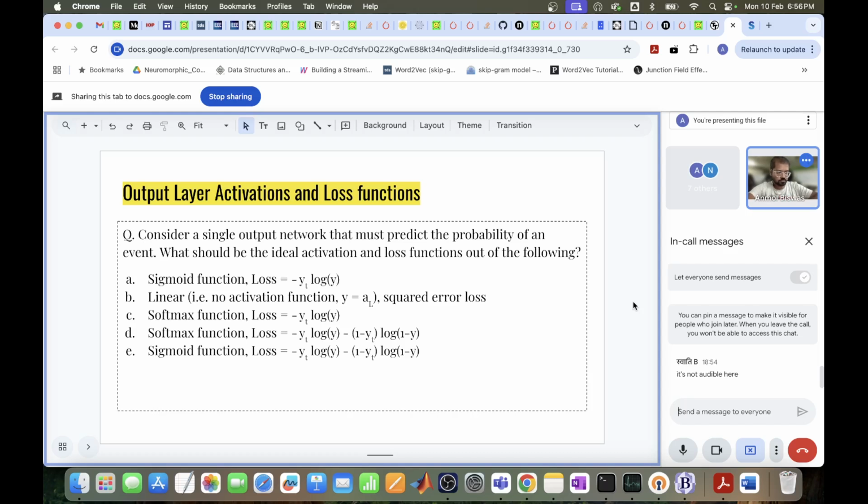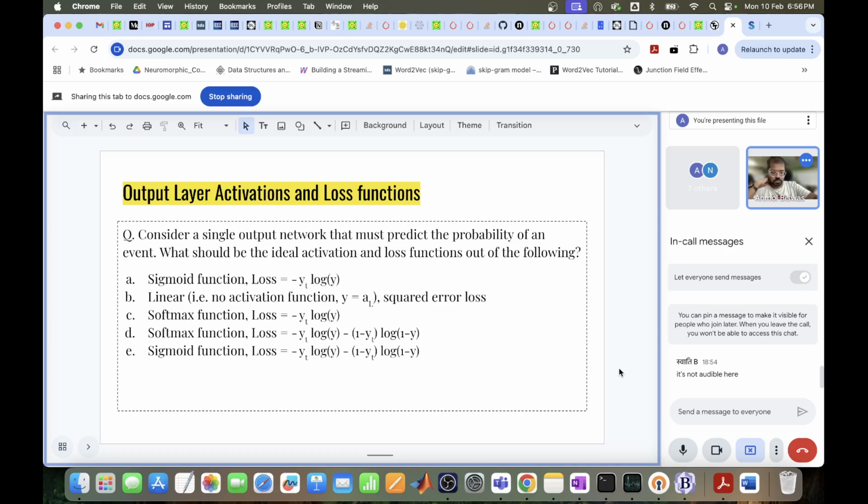And what is a function that perfectly satisfies that property? A sigmoid function perfectly satisfies the property, right? Sigmoid generates a non-negative output. Sigmoid is bounded from 0 to 1.